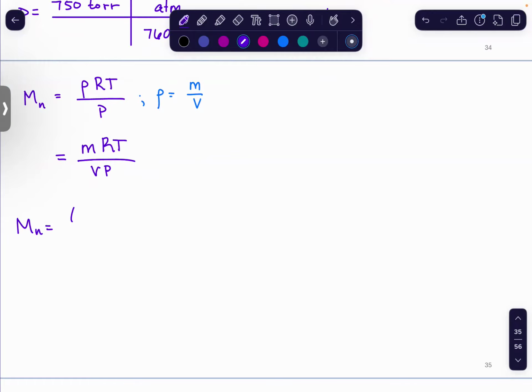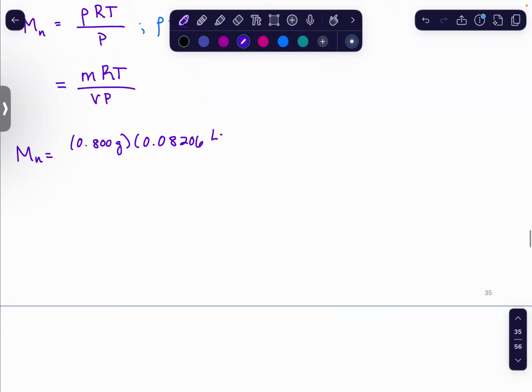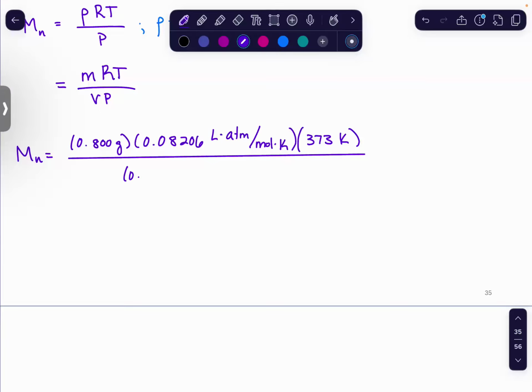Now we're ready to plug in numbers. So we have 0.800 grams of our compound, our gas constant, our temperature is 373 Kelvin, our volume, and then our pressure is 0.987 atmospheres.